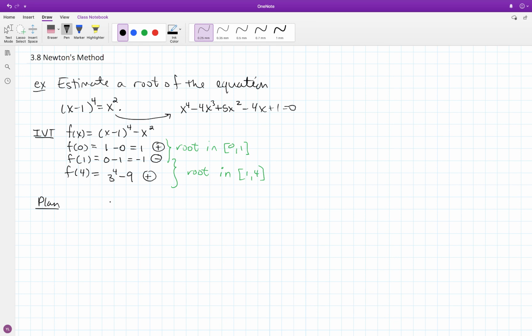But instead, Newton's method uses a sequence of linearizations to approximate these roots, and we'll see it's very quick at getting a good approximation a lot of the time. The plan is first to give a guess of the value of a root, and right now I have rough guesses for two roots. Then I'm going to apply a sequence of linearizations.